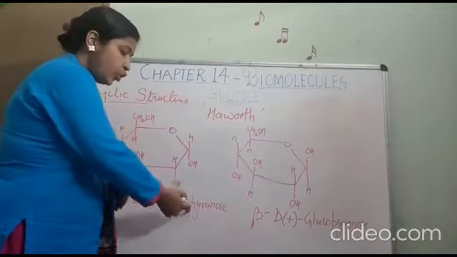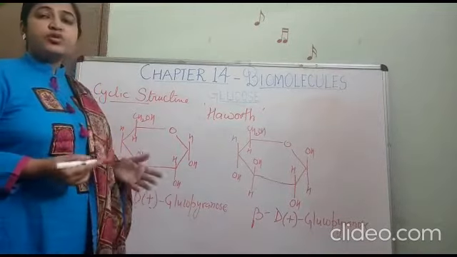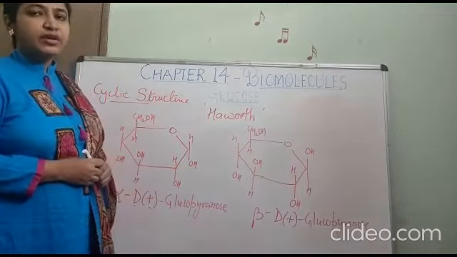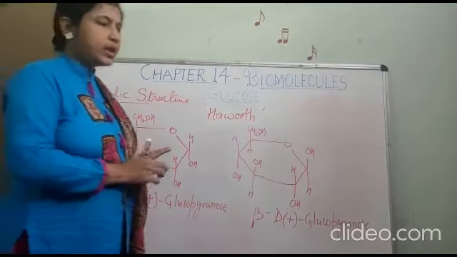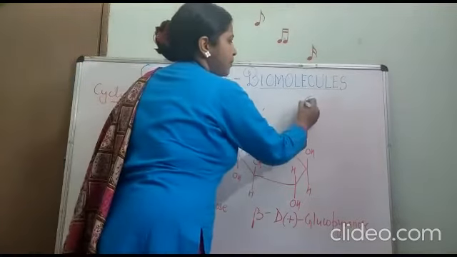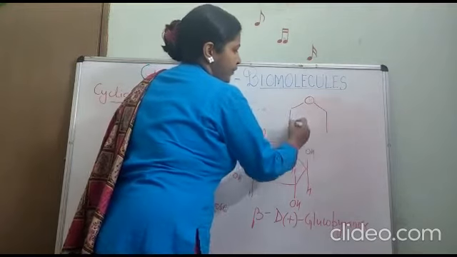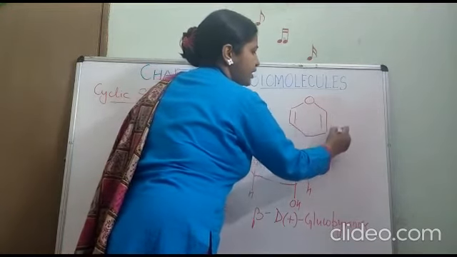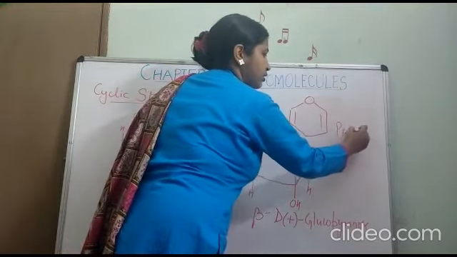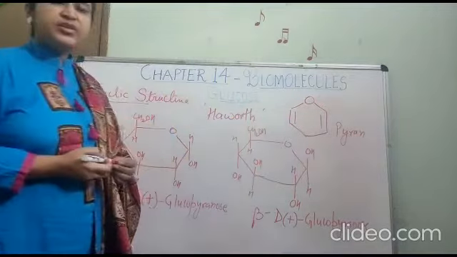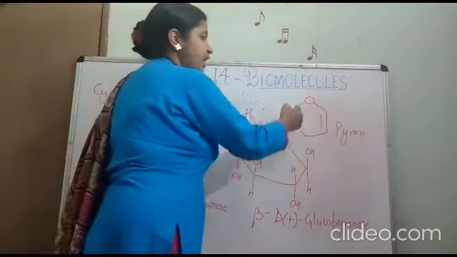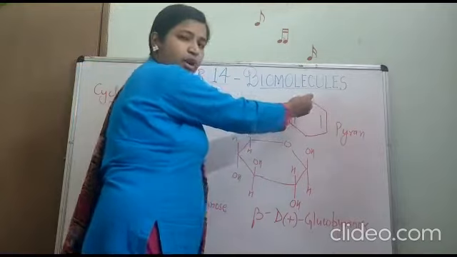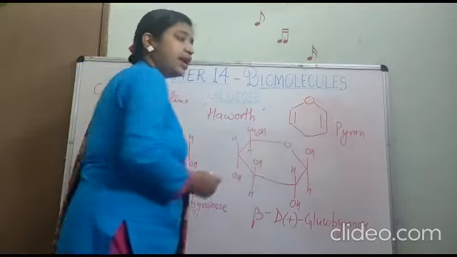The name glucopyranose is given because of its similarity in structure to another organic compound, pyran. This is the structure of pyran. You can see in the structure of pyran we have a hexagonal ring consisting of 1 oxygen and 5 carbon atoms.